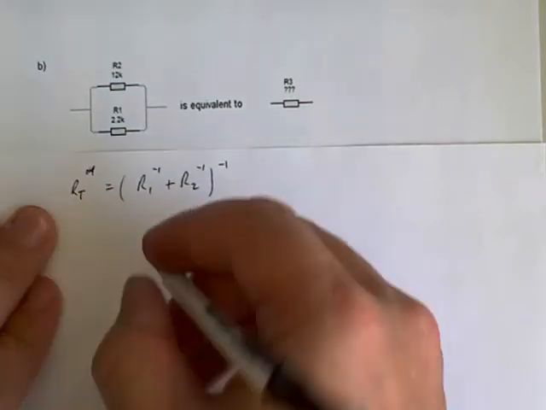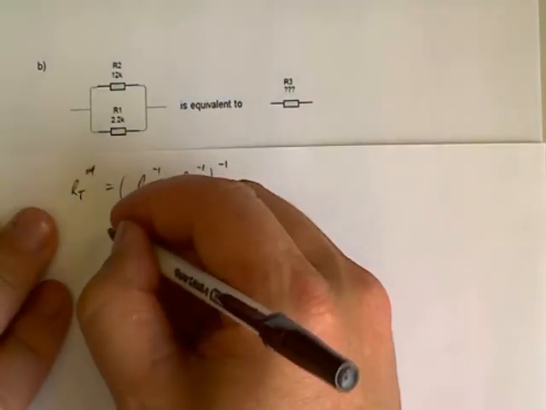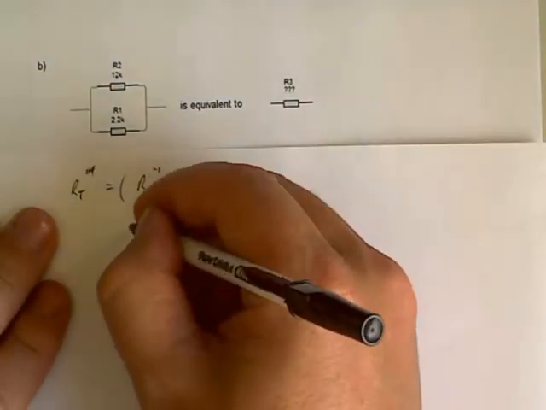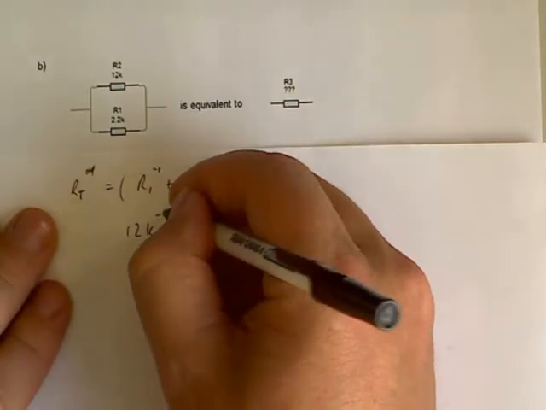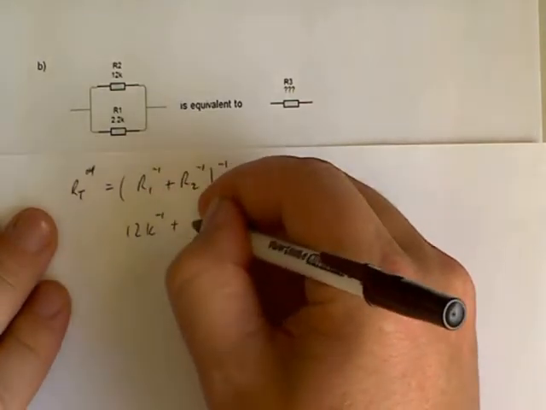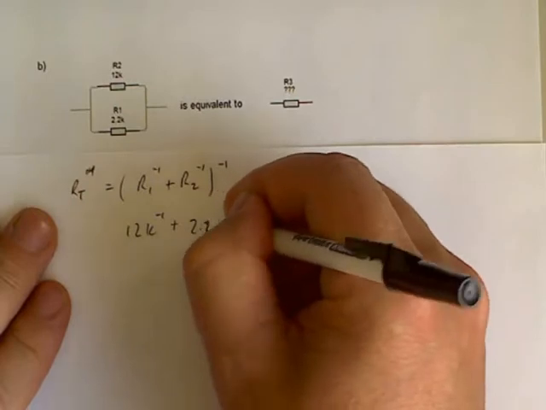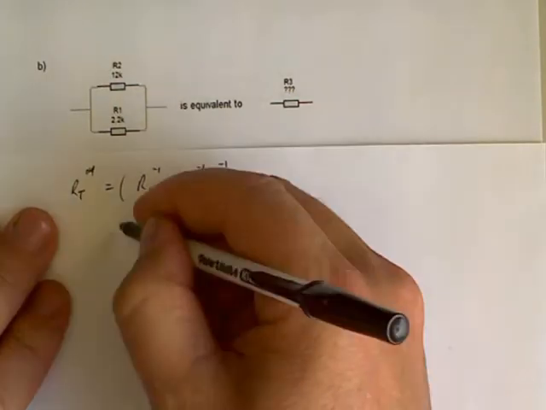So I'm just going to work in K for this one. So I've got 12k plus 2.2k, brackets.